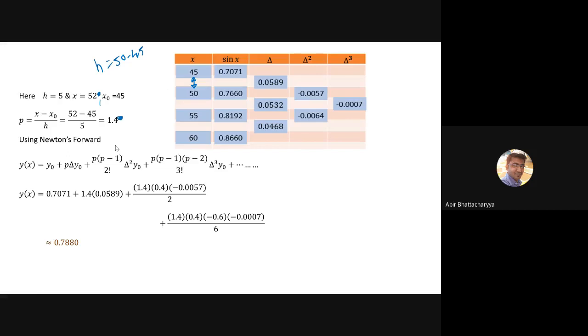Whenever I get the value of p, what is your Newton's forward formula? Just put every value in the formula. We get y equals y naught plus p delta y naught plus p times p minus 1 by 2 factorial delta square y naught, and p, p minus 1, p minus 2 by 3 factorial delta cube y naught. We have to go up to delta cube, so we'll stop here.